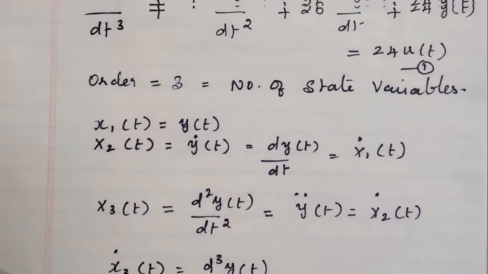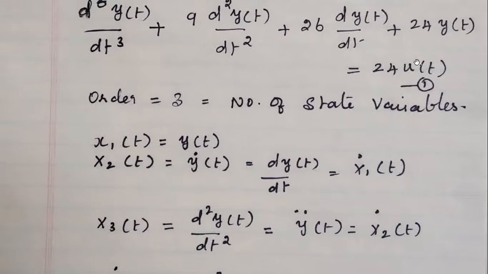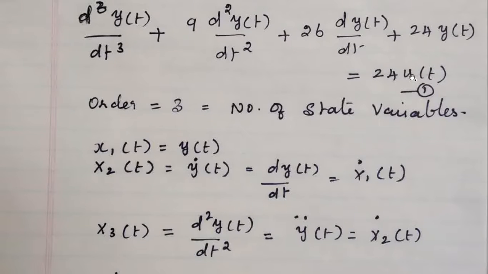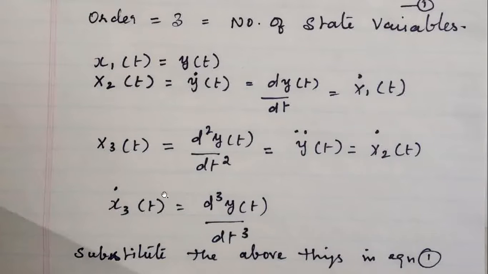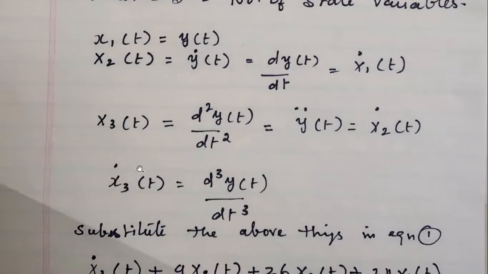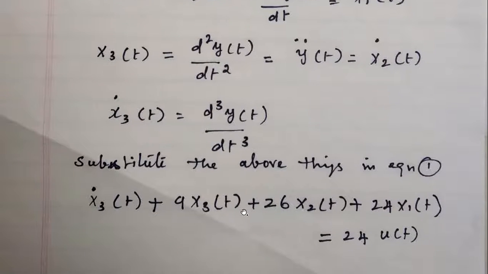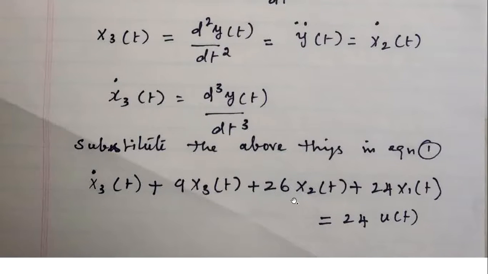Now, in this equation 1, replace all the differential terms with the state variables. One more thing, x3 dot will be d cube y(t) by dt cube. So substitute all the above state variables in equation 1.